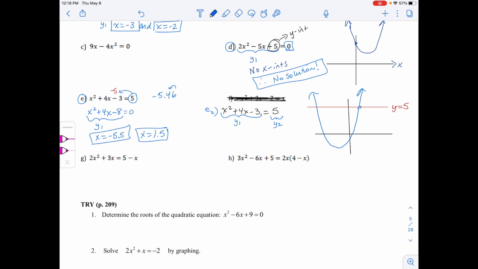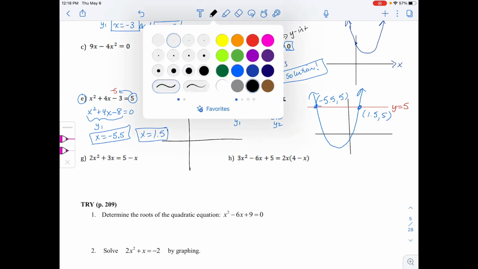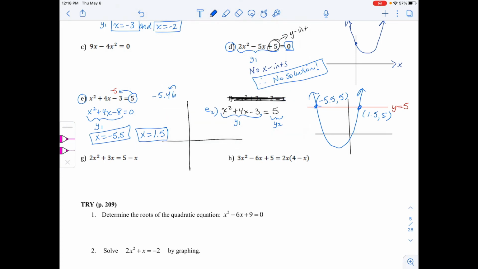This answer here was 1.5 and 5, and this answer here is going to be negative 5.5 and 5. Exact same answers as when we did over here, and our graph looked like this. This answer here was negative 5.5, and this one here was 1.5.